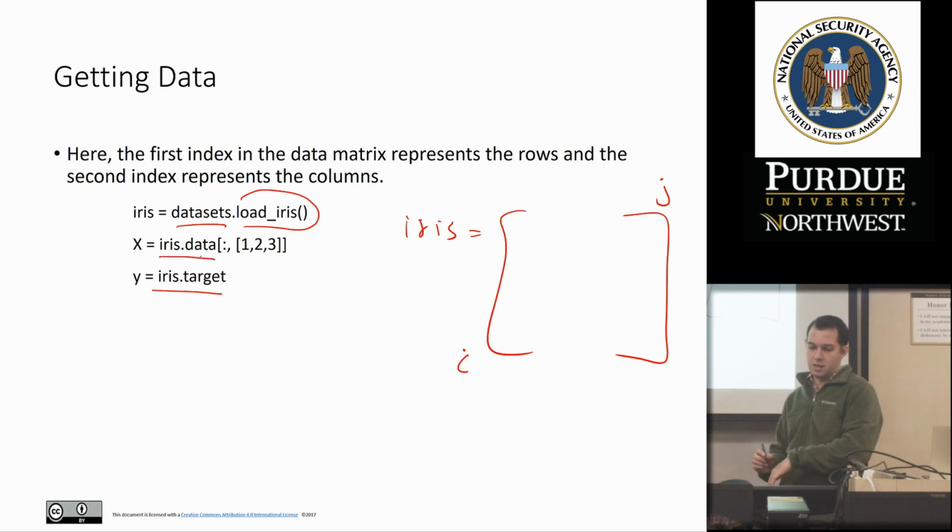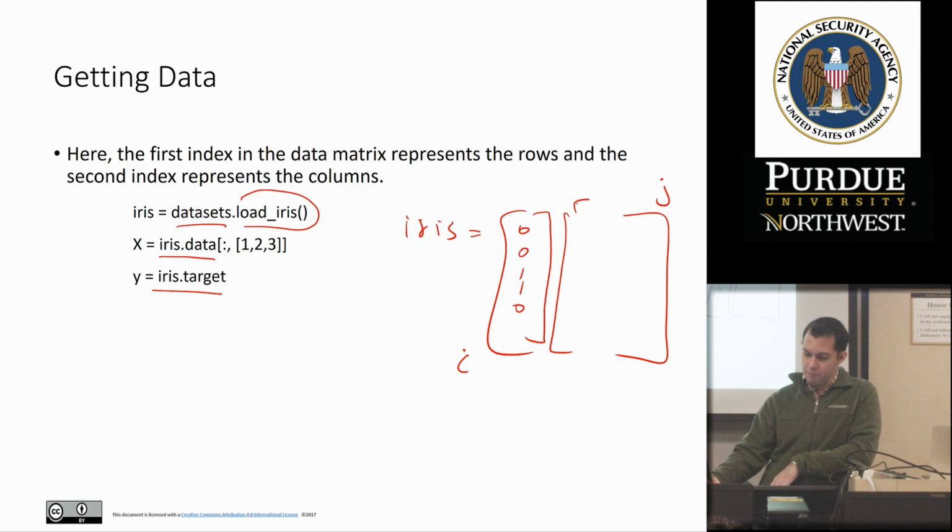So for instance, we have an iris.target, which basically represents the class, right? So the class that might be here, 0, 0, 1, 1, 0. All right, and then here, this will contain the features F1, F2, F3, F4.